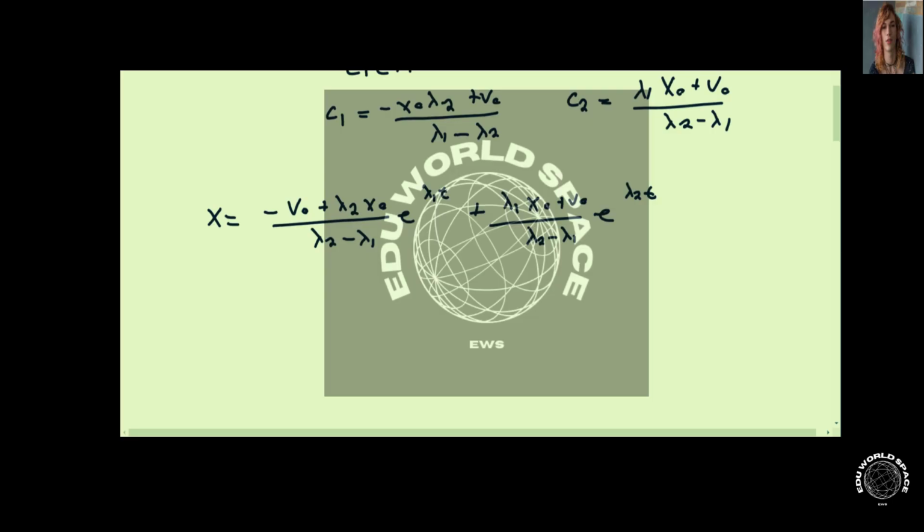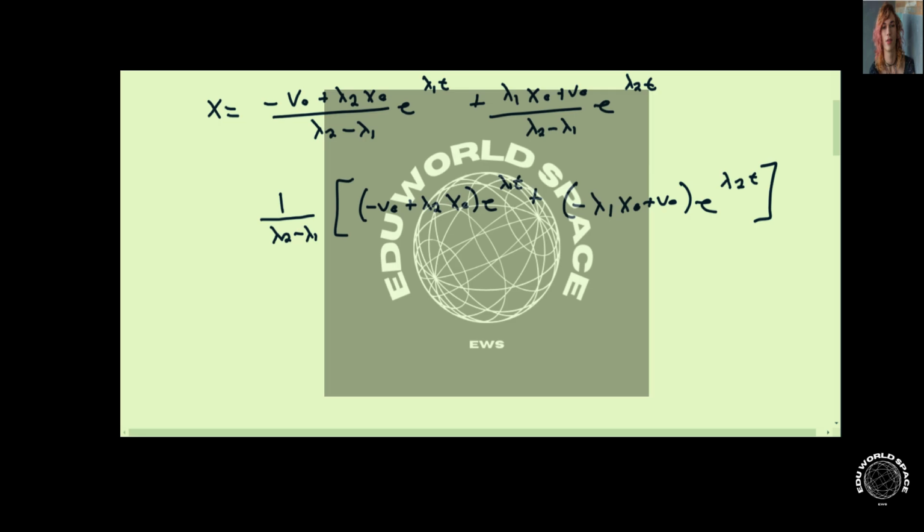Here we're just going to simplify it a little bit more. So we have (v naught minus lambda 2 x naught) times e^(lambda 1 t), plus (negative lambda 1 x naught plus v naught) times e^(lambda 2 t).